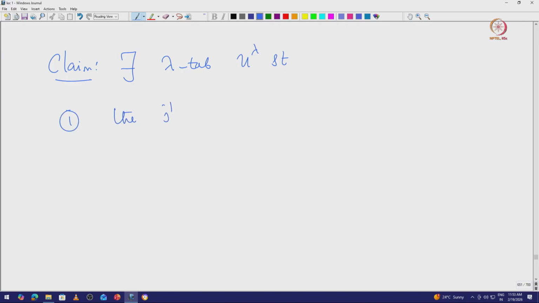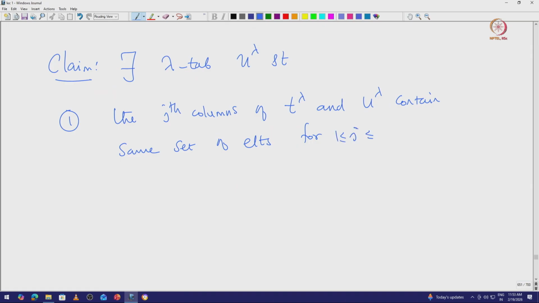The jth column of T lambda and U lambda contain the same set of elements, for all j. So each column in T lambda and U lambda has the same set of elements, which means they are just permuted among themselves.